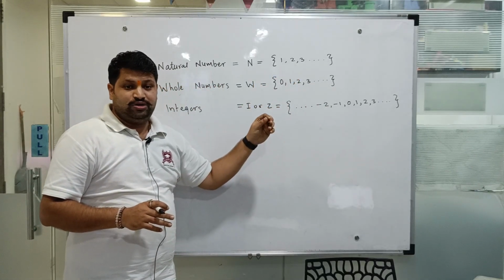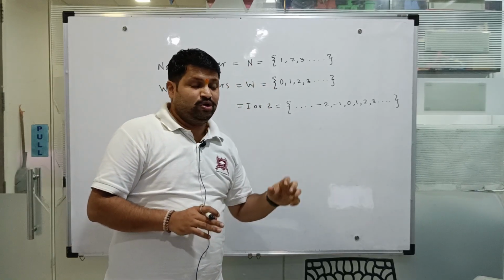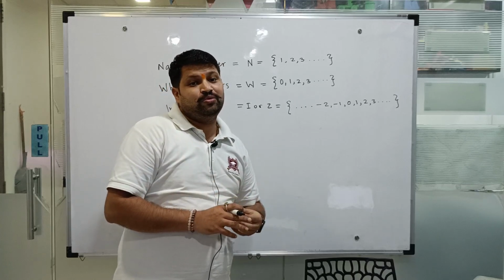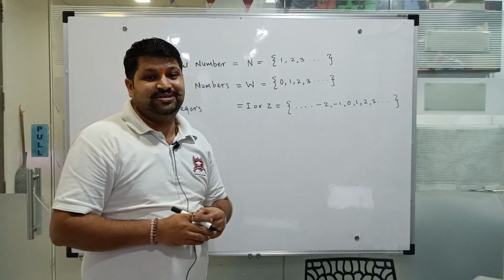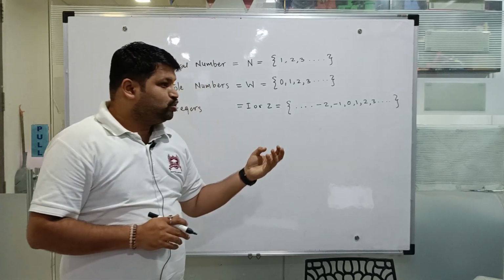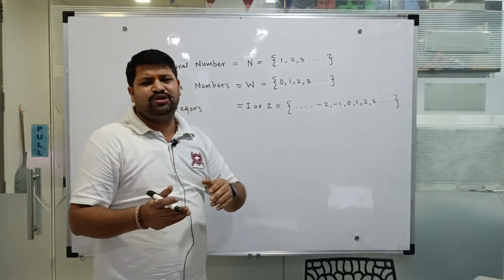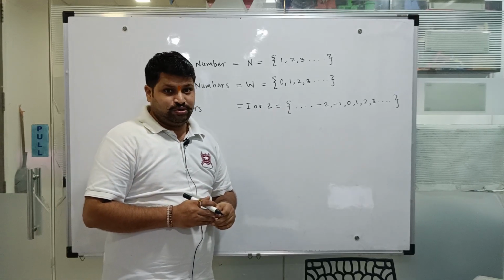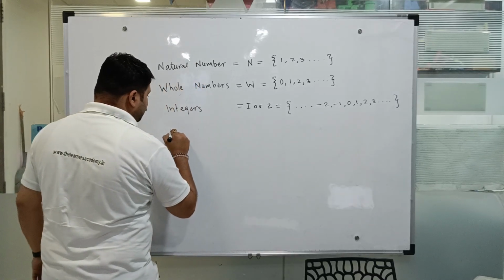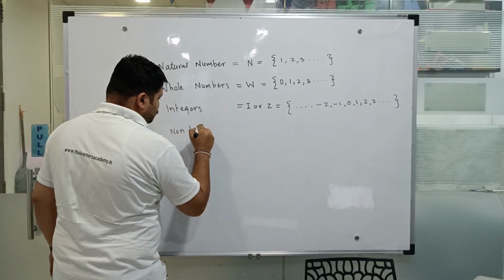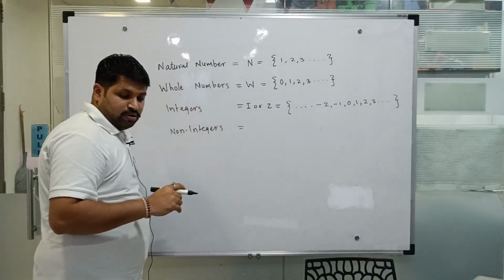If numbers are divided, then we do get decimals and fractions. So we had to come up with a group of numbers which would include these fractions and decimals as well. So these are all integers, and we can have another group which are not integers. We'll call them non-integers.